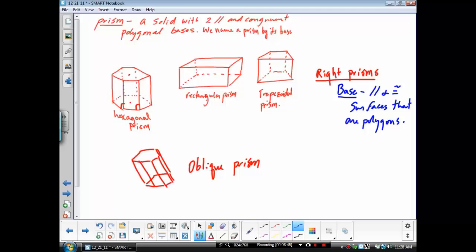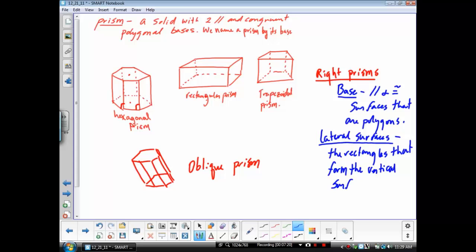The lateral surfaces are always rectangles on these right prisms. They are the rectangles that form the walls. And in this case, we have the vertical surfaces. Or lateral surfaces.